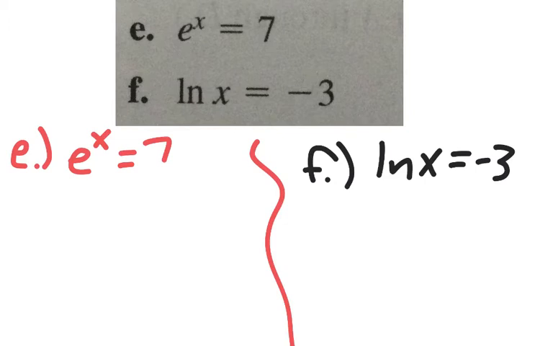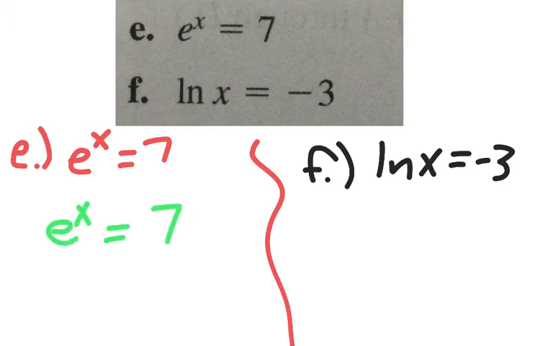Are we ready to go over E? Yes. Okay, what did we get on E? Natural log of 7. What were your steps? How did you get there? Took the natural log of each side, and then the natural log and e cancel out. So you took a natural log of both sides. Okay?